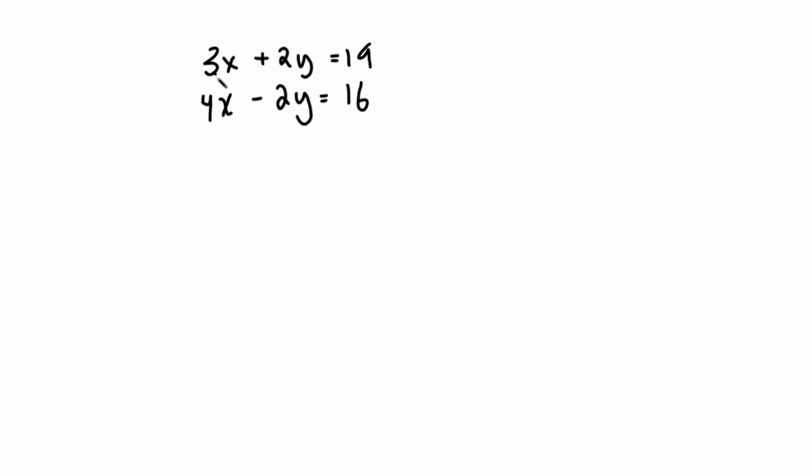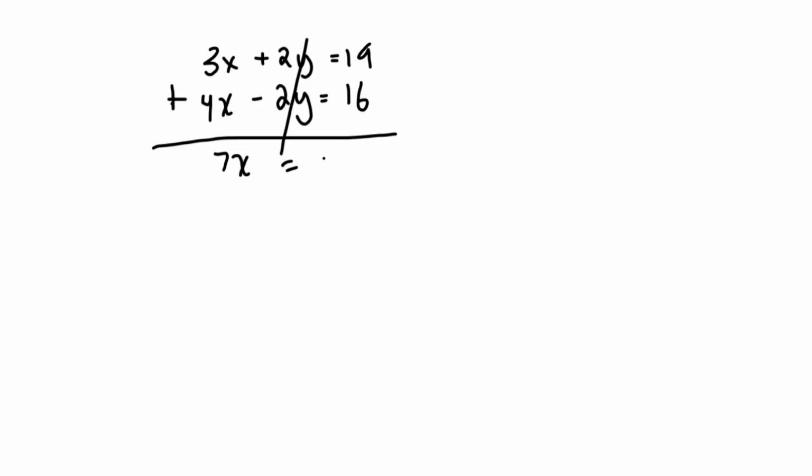It's not the x's because 3x plus 4x is going to give you 7x. But here if we add positive 2y and negative 2y, these are going to cancel out. So let's just add these two equations together. These will cancel out, and then we get 7x, because 3 plus 4, 7x, equals 19 plus 16, which is going to give us 35.